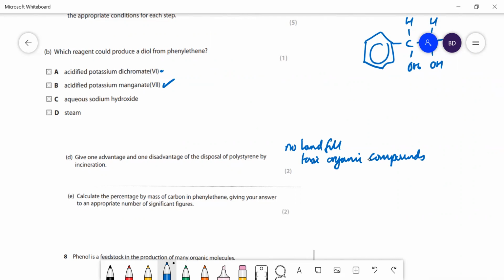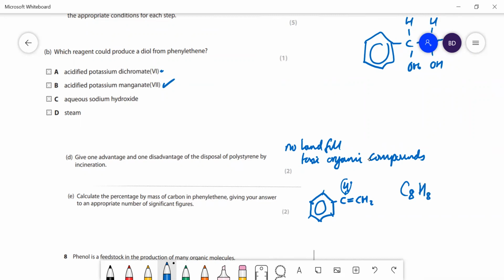Right, calculate the percentage mass of carbon in phenylethene. Okay, so what have we got here? We have got phenylethene. So we've got 6 carbons in the benzene ring, 2 others, so that's C8. We have got 5 hydrogens on the benzene, 5, 1 there, 6, plus 2 more, that's 8, H8.